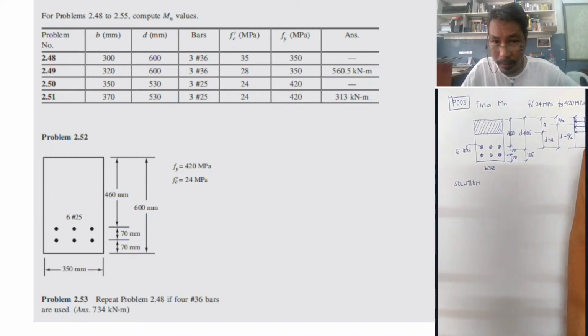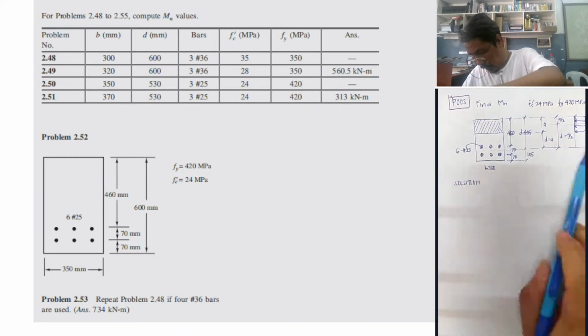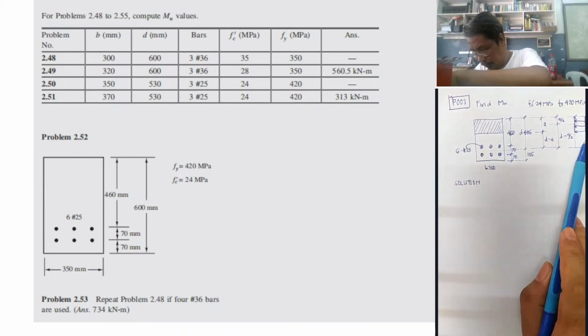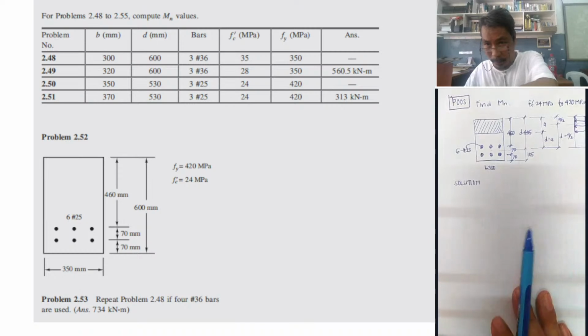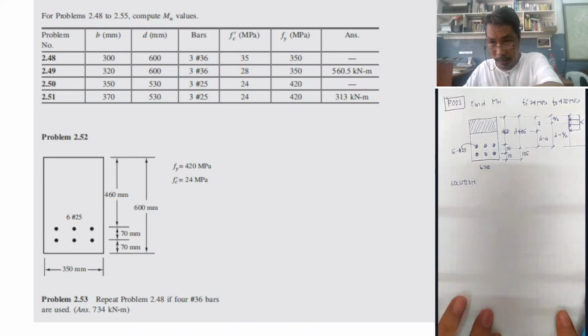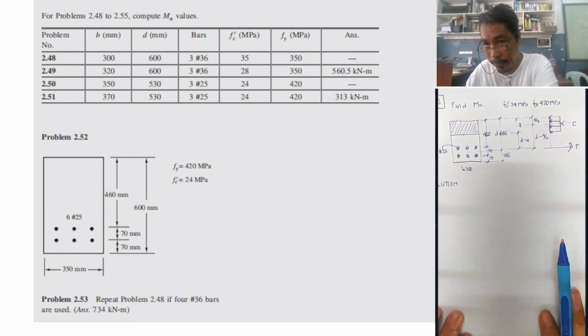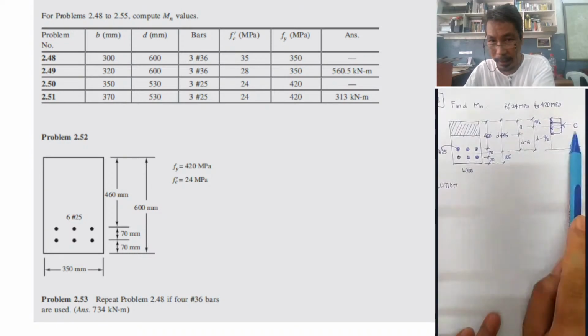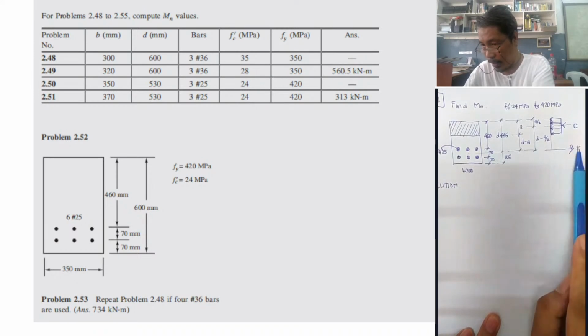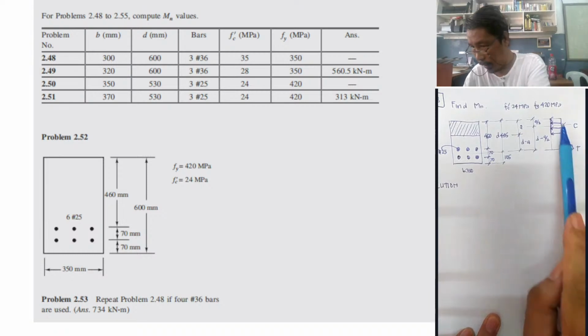I can slide it to the right, to the left, so that you can see it. So C and T, they are a couple. Multiply by the moment arm, so we have nominal moment.